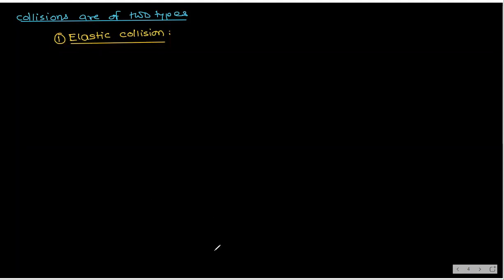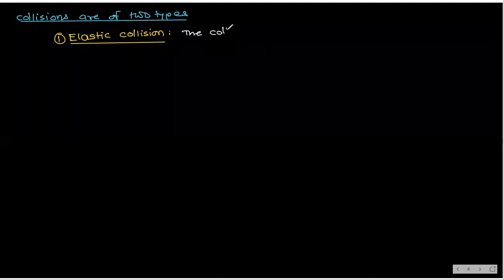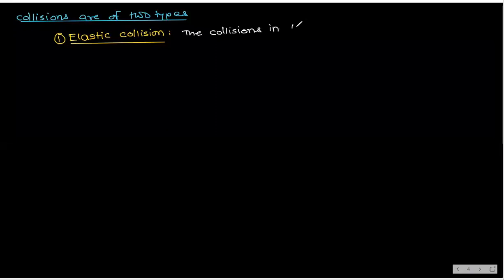See here, elastic collision. In elastic collision, what remains conserved? Both linear momentum and kinetic energy. The collisions in which both linear momentum and kinetic energy are conserved are known as elastic collisions.